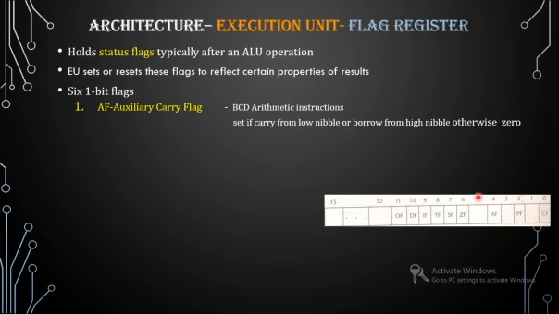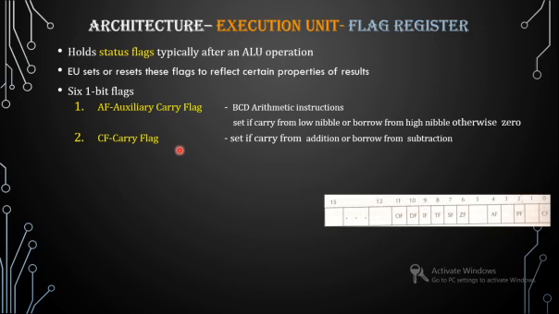So how many of them are there? Nine flags, and they are contained in a flag register. Six 1-bit flags are usually based on arithmetic operations. First, the carry flag. What does the carry flag indicate?